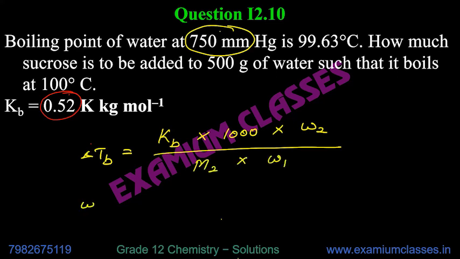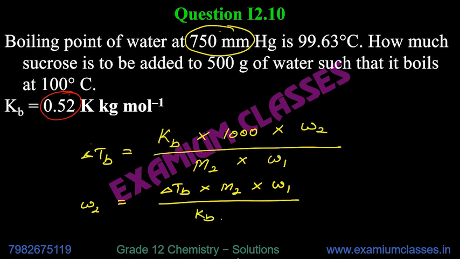So from here, W2 will be delta TB into M2 into W1 divided by KB into 1000.